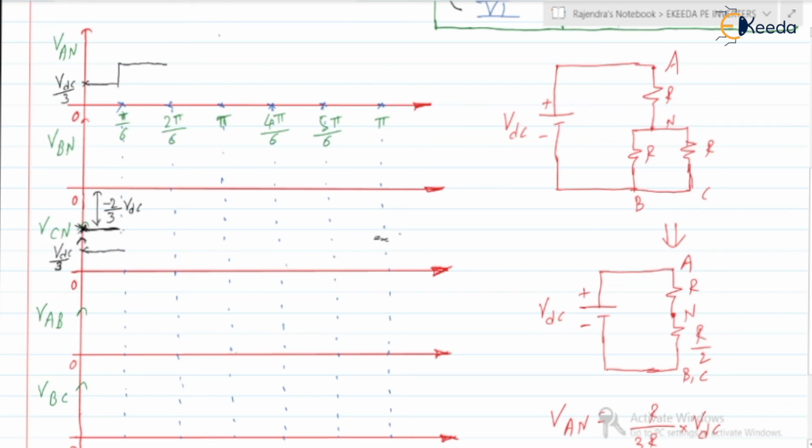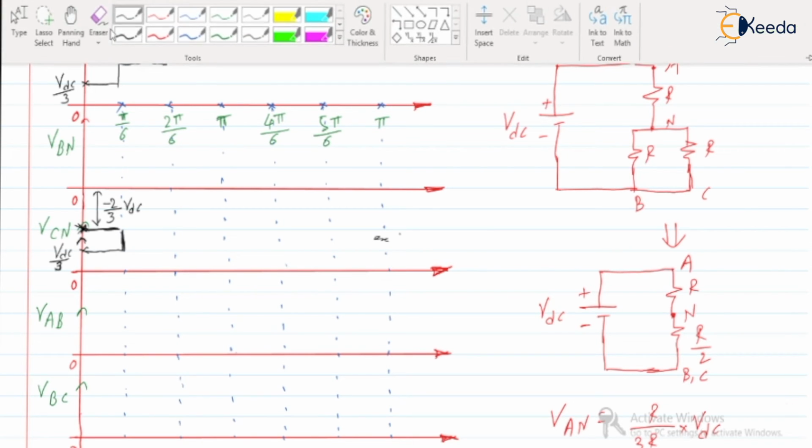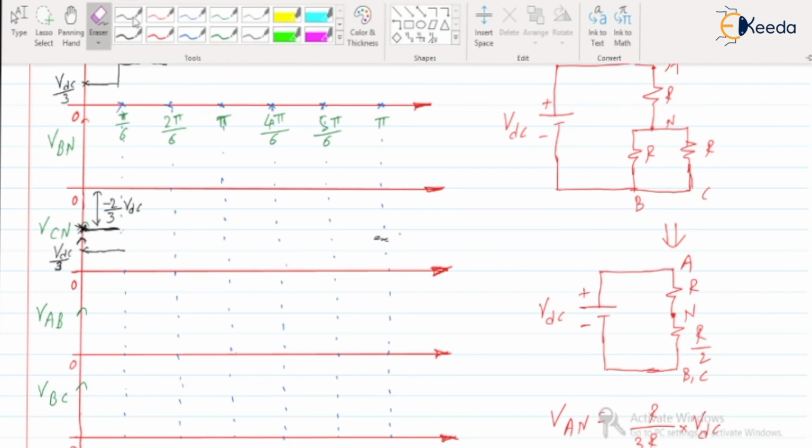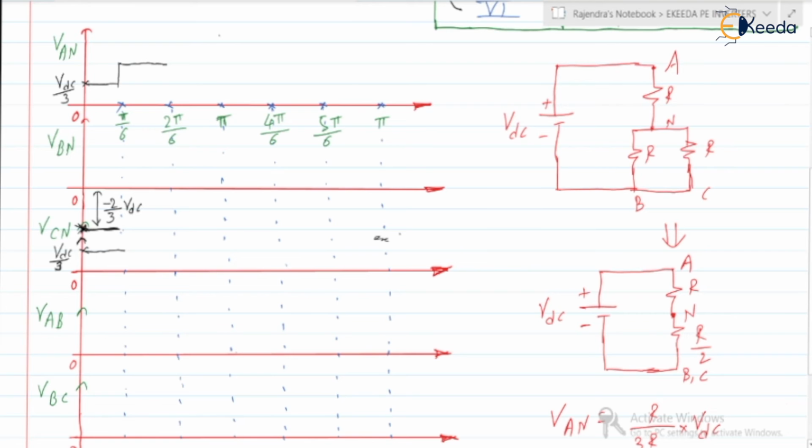VCN means it will be here. Minus VDC by 3 means at this point it will be here. You're getting the point? And this is the minus VDC by 3, so it will be at this position. This is for the second interval.